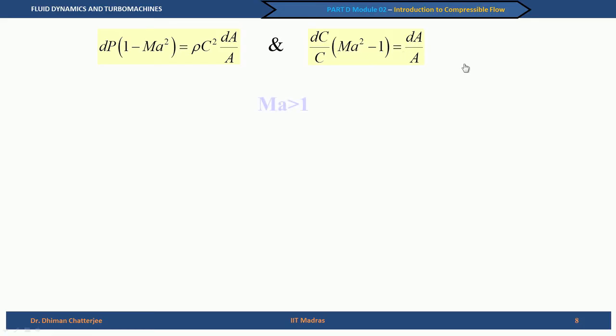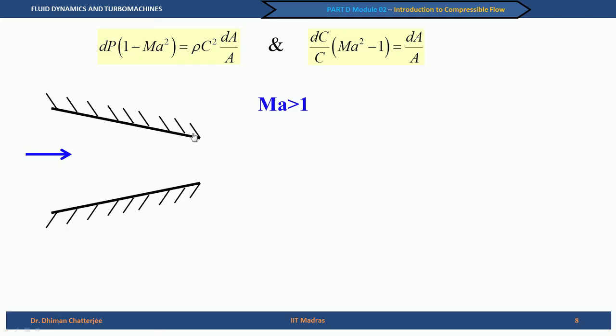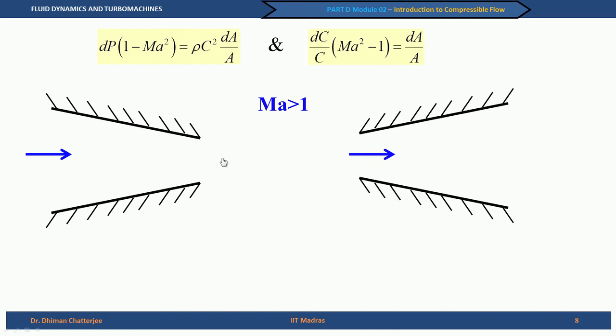But in this case we are considering Mach number greater than 1, and we are considering a convergent passage and a divergent passage. For Mach number greater than 1, for the pressure relationship we have this bracketed term as negative, and for the convergent passage dA is also negative, which makes that dp is greater than 0.